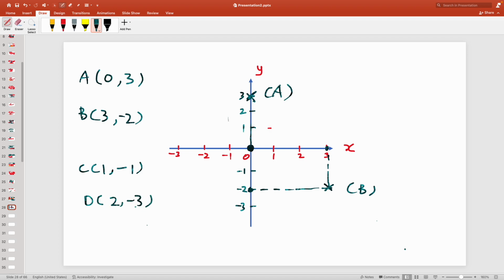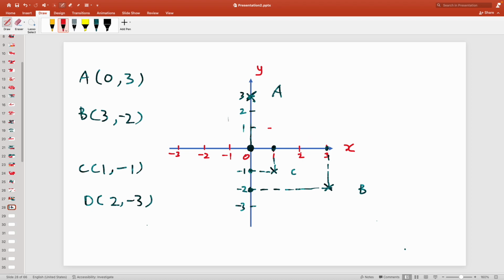Show me 1 and -1. This is 1. Where's -1? Where they intersect. Point C. Okay, so you don't need a bracket. Where's your 2 and -3?